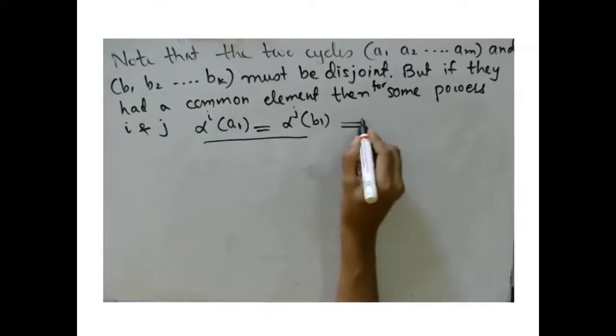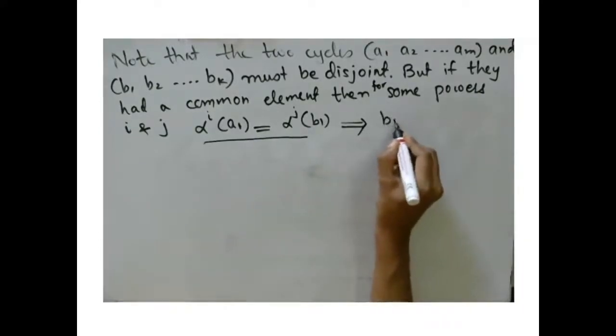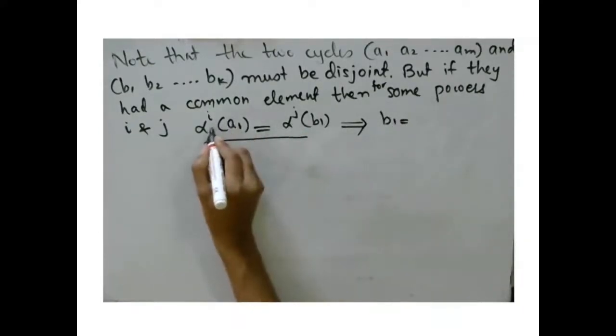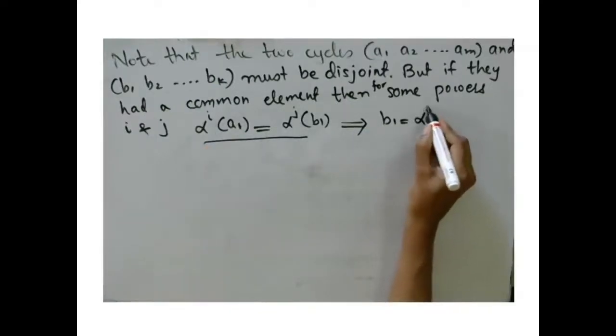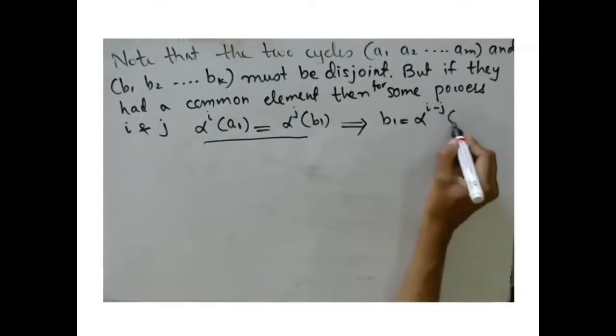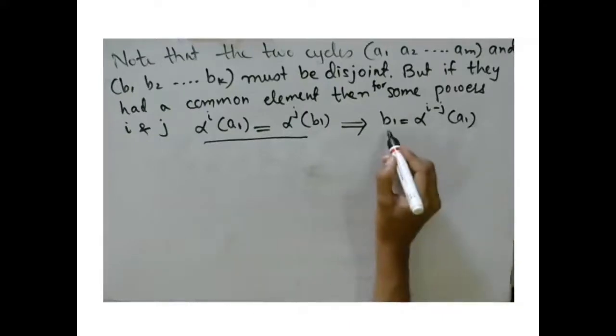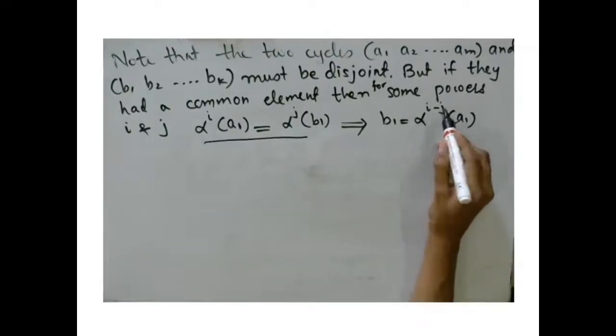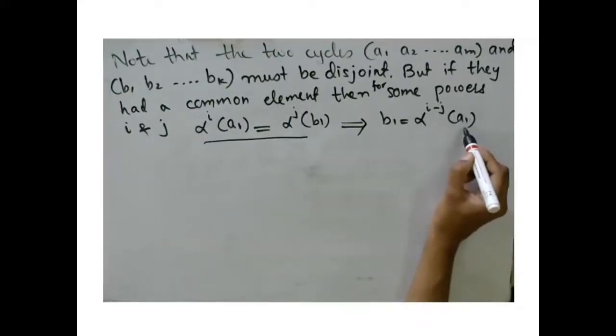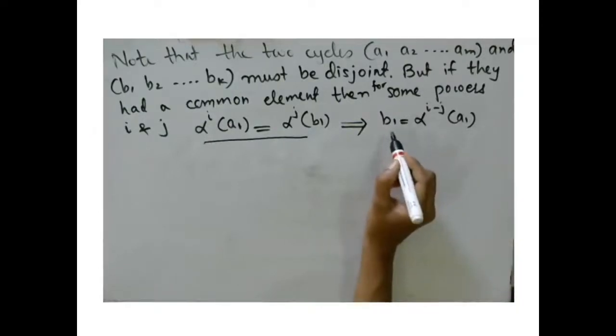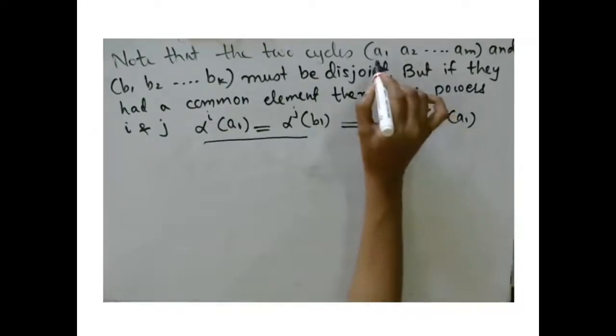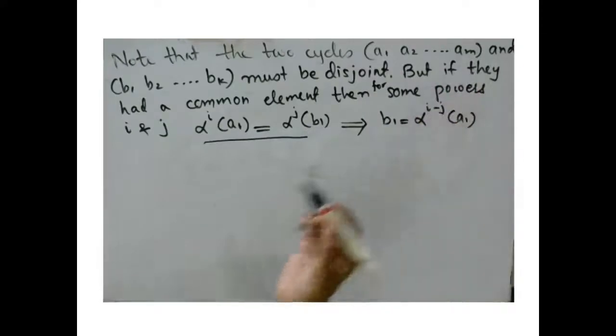And what does this condition imply? Take alpha raised to j on that side, so you will get B1 is equal to alpha raised to i minus j of A1. So B1 is also alpha raised to some power acting on A1. So what does it mean? It means that this B1 must be from A1, A2, AM only.